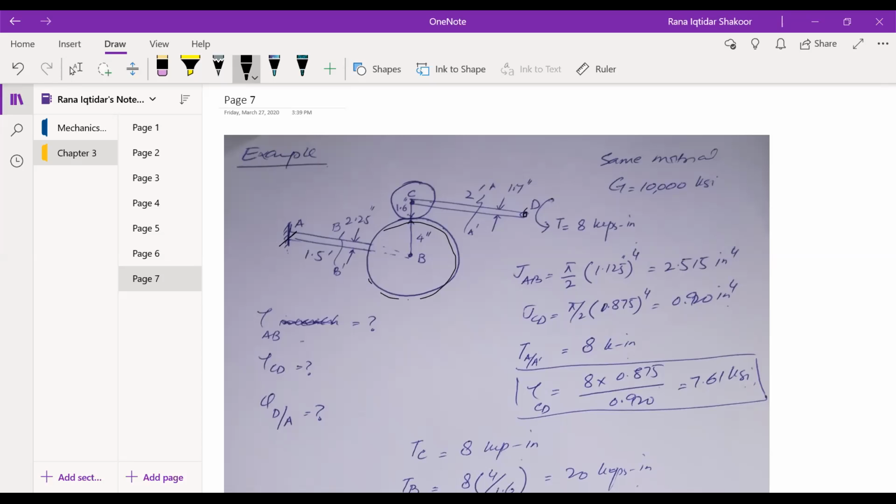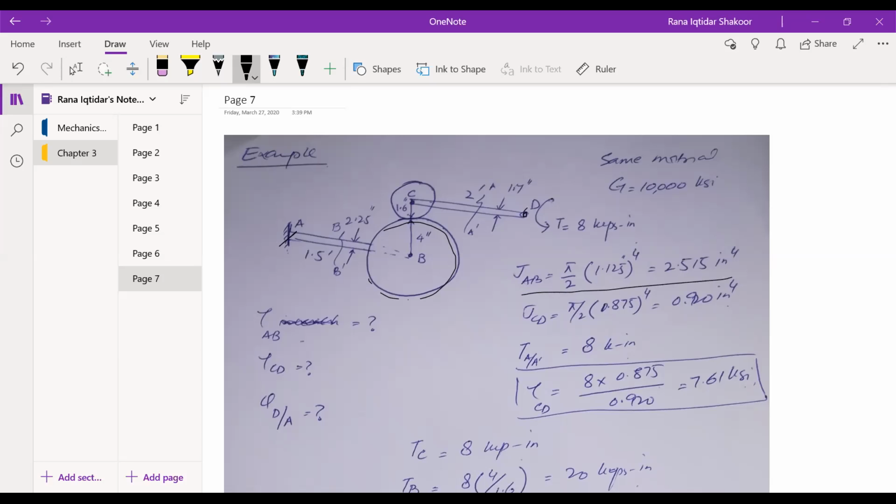So the standard format is, since these are all solid rods, we will first calculate J for them. JAB for this rod will be pi by 2, 1.25 raised to the power 4, which is this much.